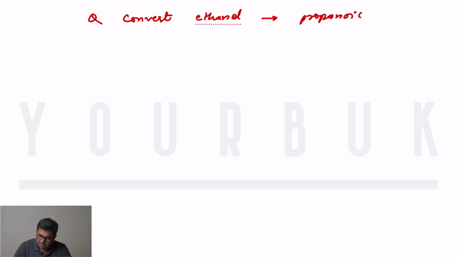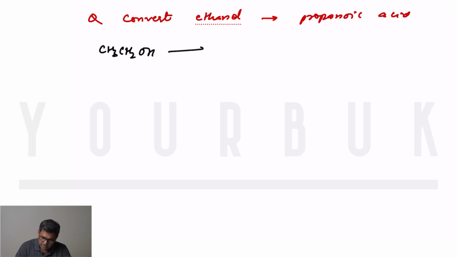Now I'll discuss 2 examples with you. The first one is, how do you convert ethanol into propanoic acid? So 2 carbons into 3 carbons. This is my sequence of steps. Starting compound is ethanol.